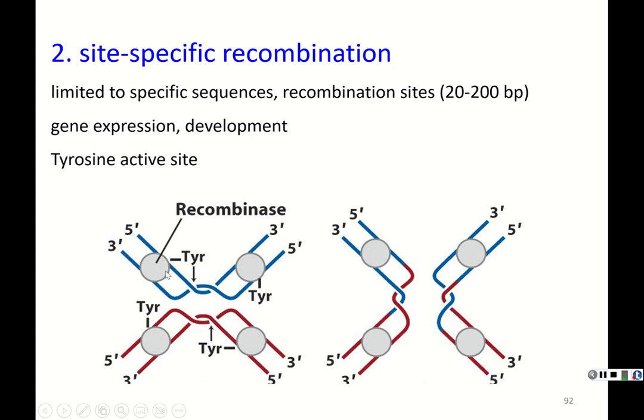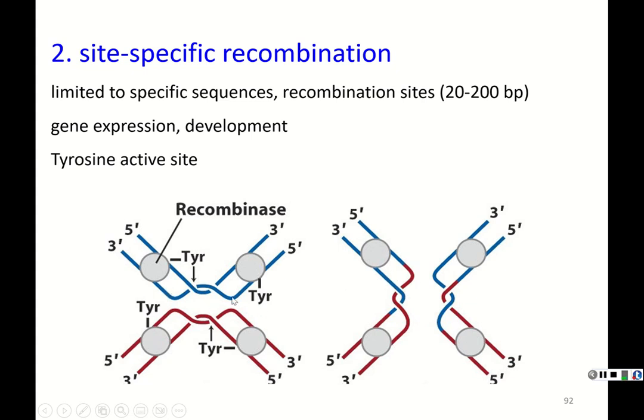So what they're doing is the recombinase binds, and it creates sort of like a twist in that double-stranded DNA, and then the tyrosine can cleave that DNA in those twists, and then it reattaches it in a different order.